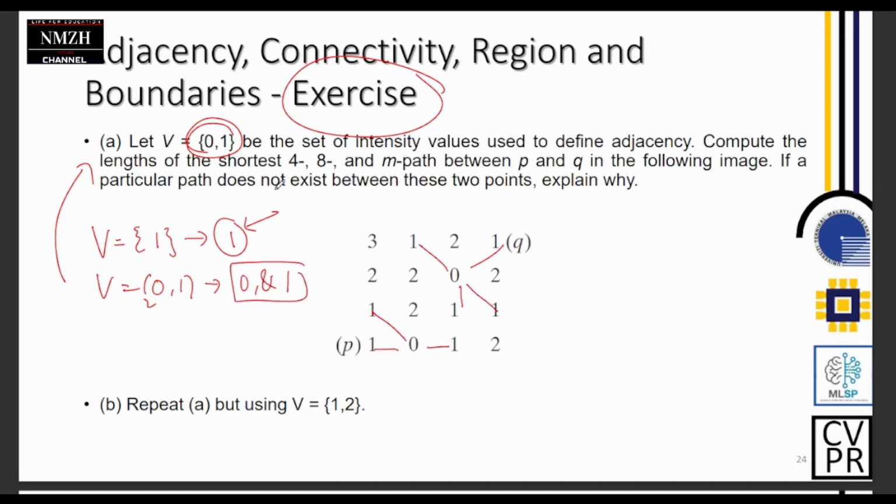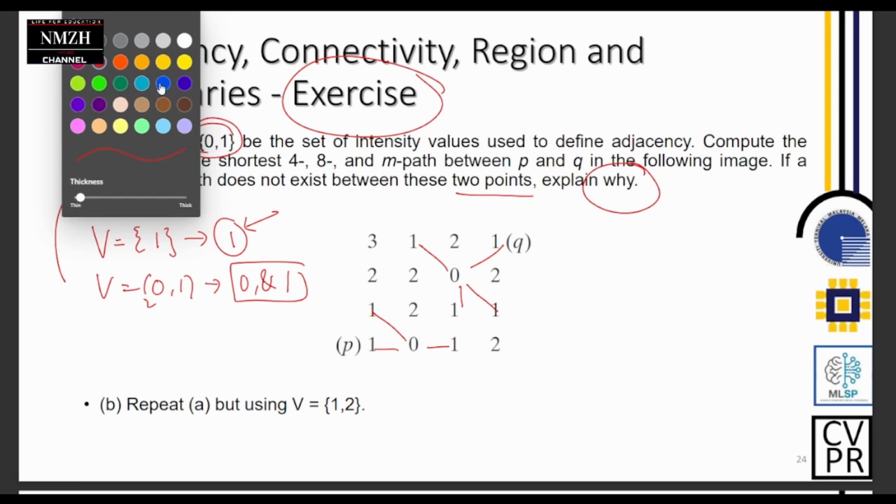So compute the length of the shortest 4, 8, and M path between P and Q. If a particular path does not exist between these 2 points, explain why it happens.